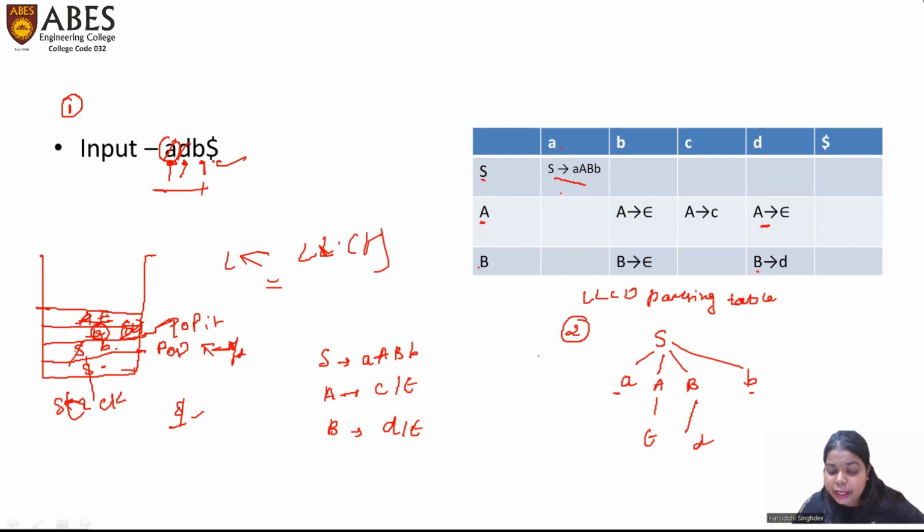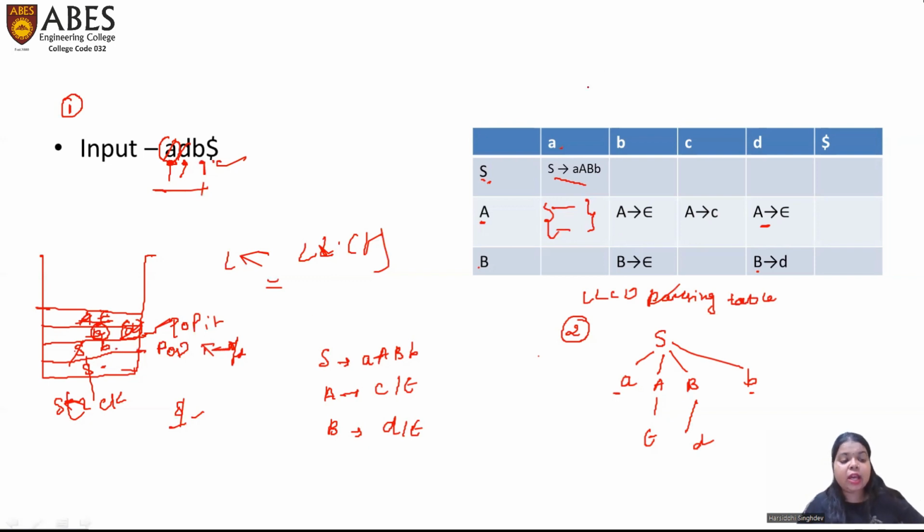If in a particular cell for a non-terminal and a terminal symbol, any two productions come in a single cell, then this violates the rule of LL1 grammar. That means every single cell contains only one production at a time.